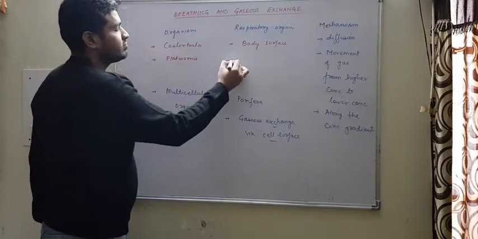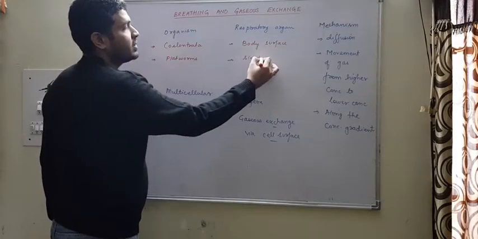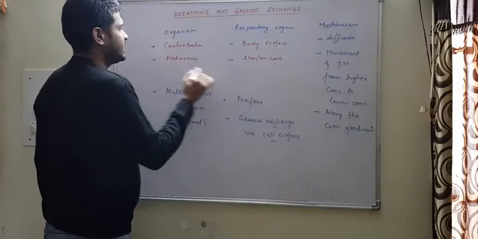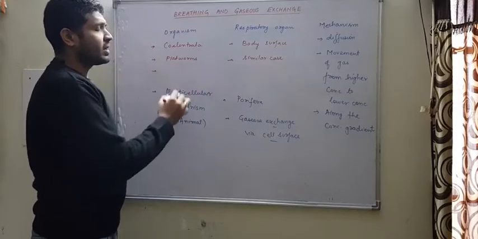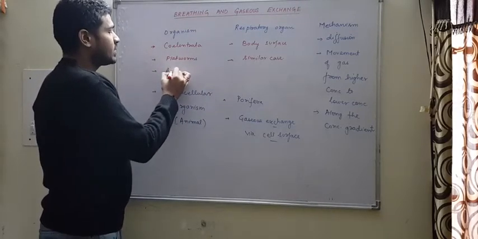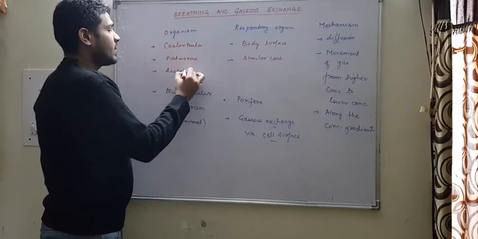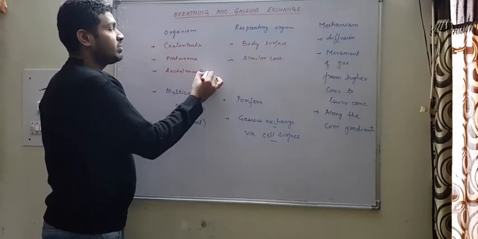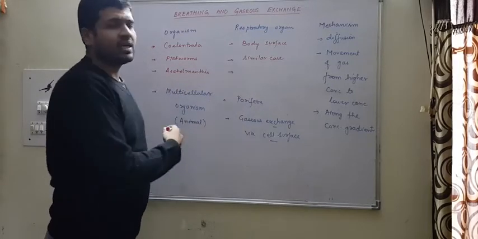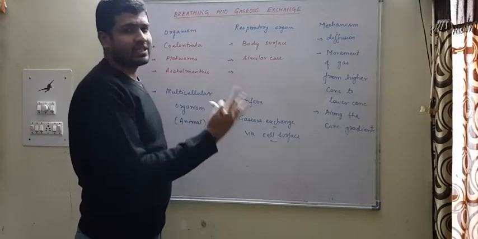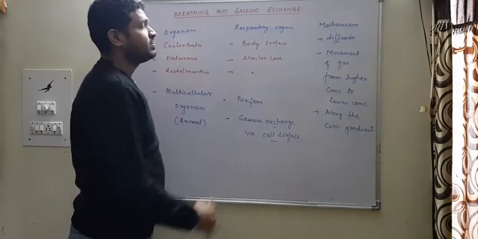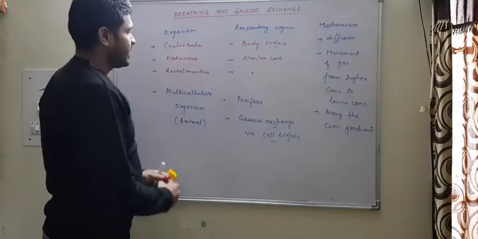The similar case is for flatworms, the Platyhelminthes. We don't talk much about respiratory organs because these are mostly parasites. But the gaseous exchange, if it takes place, also takes place through the body surface.